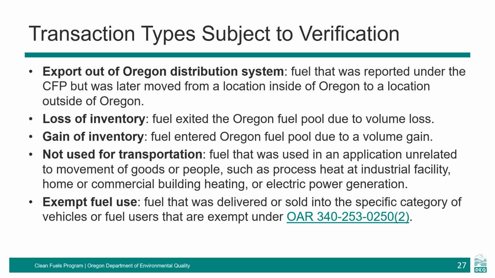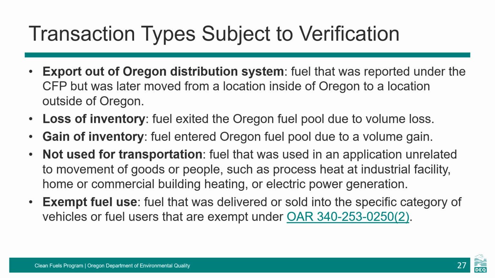These transaction types are relatively rare and are often used for reporting fuel that was spilled or otherwise no longer meets the fuel specification, or to allow a reporting entity to move fuel between fuel pathway codes when that fuel's CI was modified by DEQ after a fuel pathway application or annual fuel pathway report.